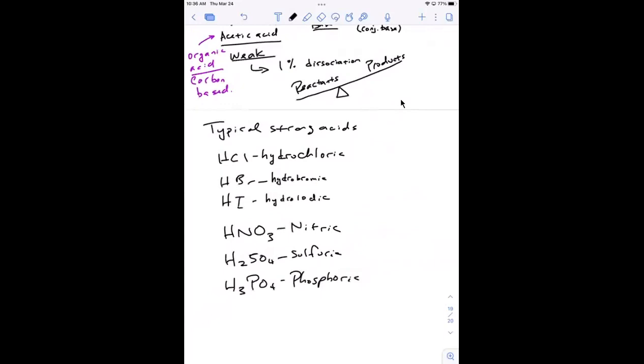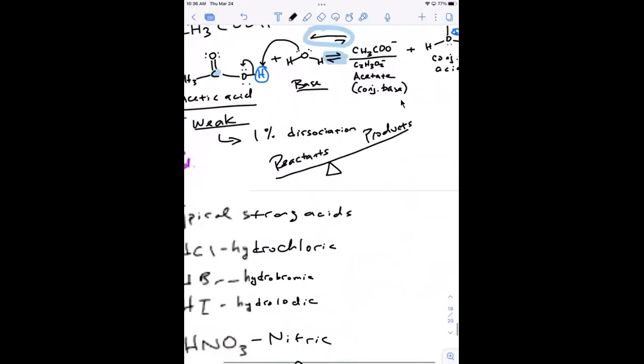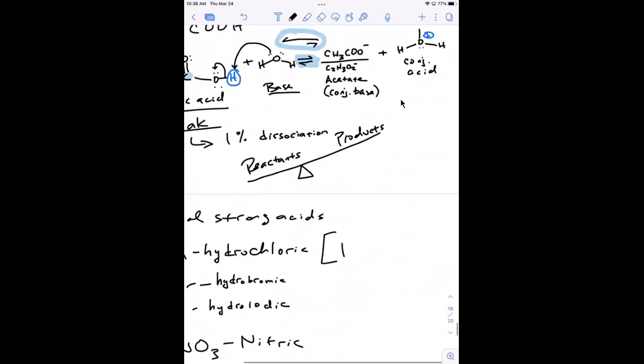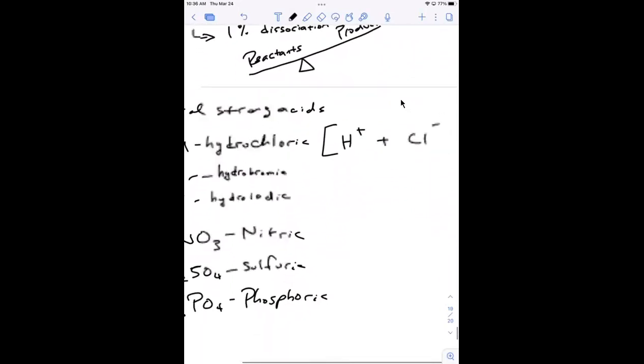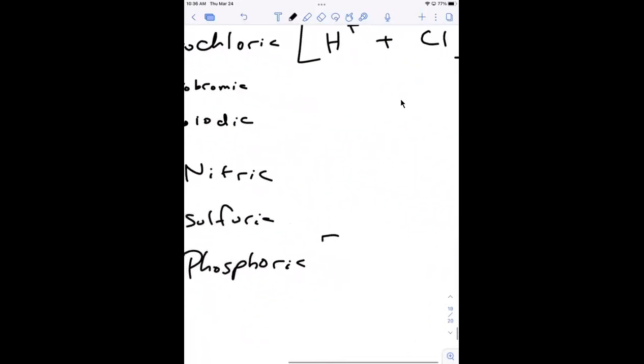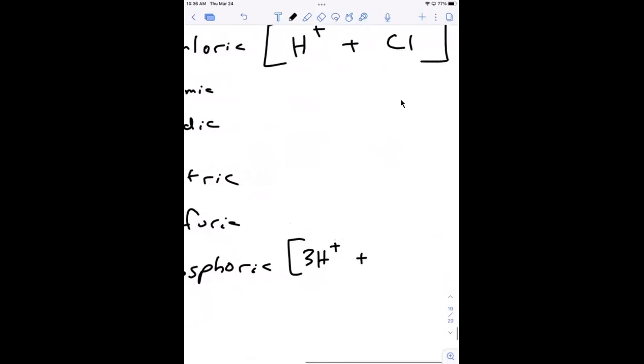Anytime you dilute these, they're going to ionize into the proton, which is H plus, and whatever that counter ion is. Every one of these acids, if I were to write it in ionic form, HCl would be H plus, Cl minus. Same thing for phosphoric acid, it will be 3H plus, PO4 minus 3.